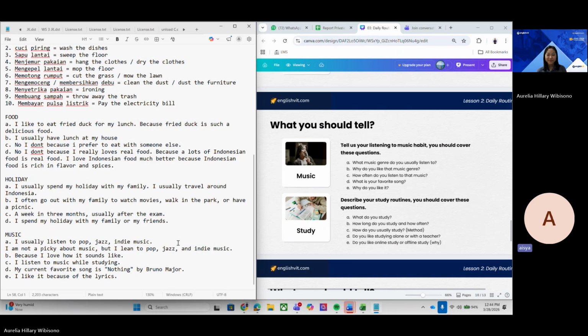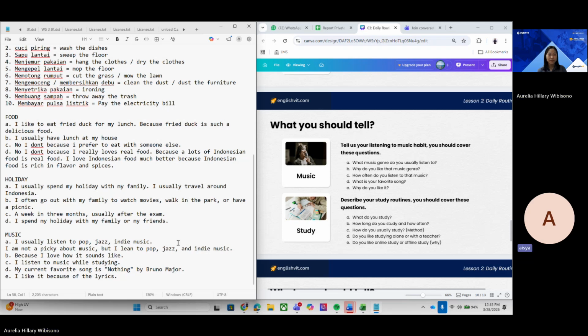Kalau jazz just depends on the songnya. Cuma kalau currently aku lagi suka, currently I like Frank Sinatra. Frank Sinatra. Mhm. And what about indie music? I have never heard about that.